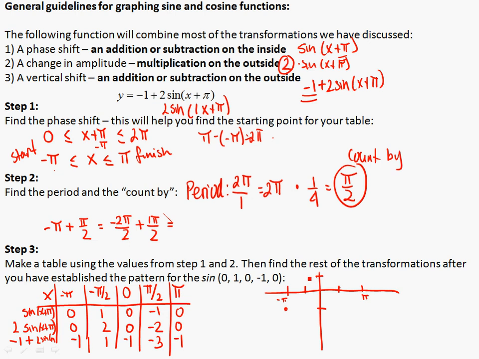And I go up to 1, back down to negative 1, down to a negative 3, and then up to a negative 1 again. And so it looks like this.